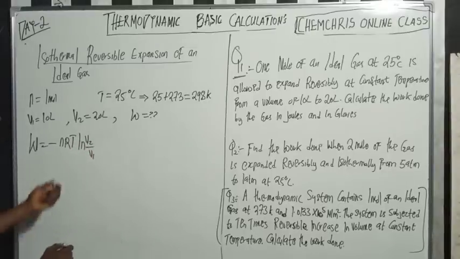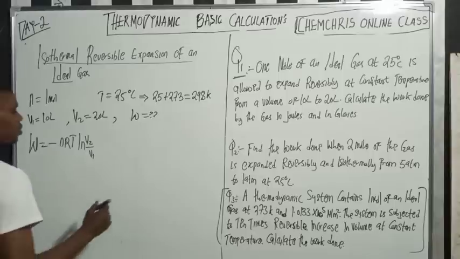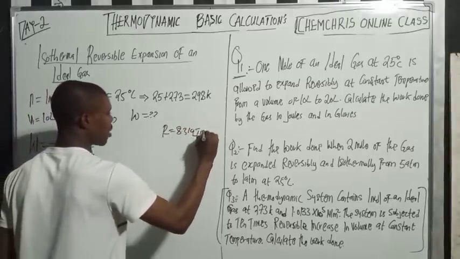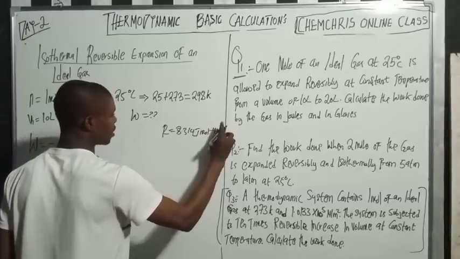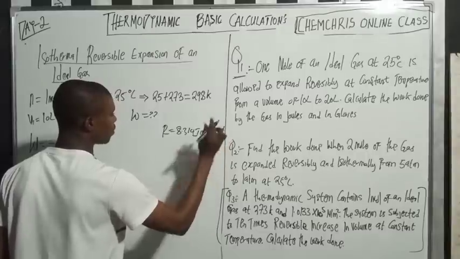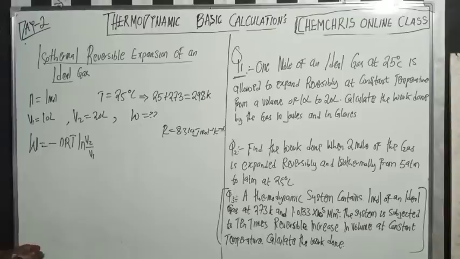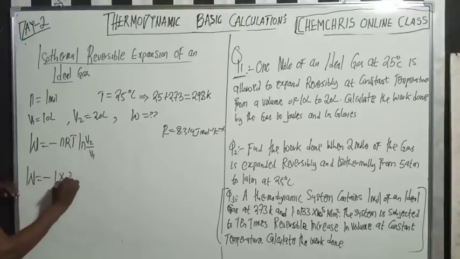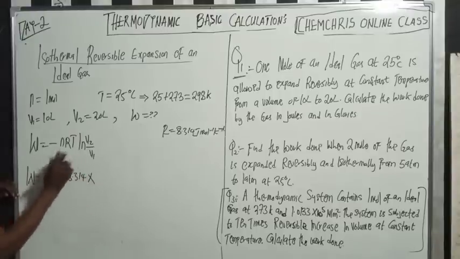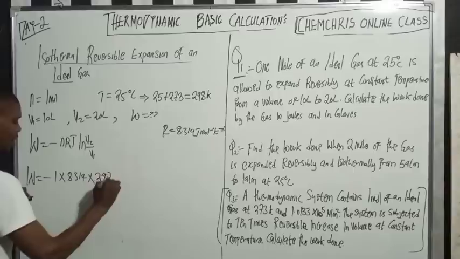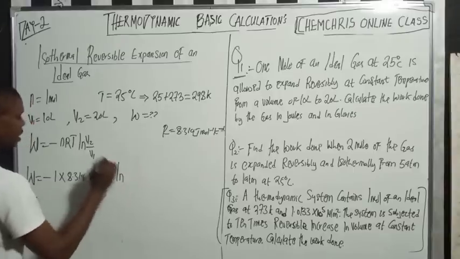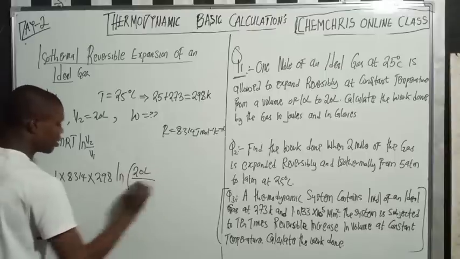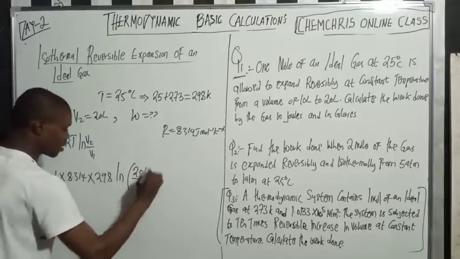Now remember, the gas constant R is always equal to 8.314 joules per mole per Kelvin. It's okay. That is it. So if you input your values, my W here equals minus 1 times 8.314 times my temperature, 298, times ln of V2, which is 20 liter, over V1, which is 10 liter, right?